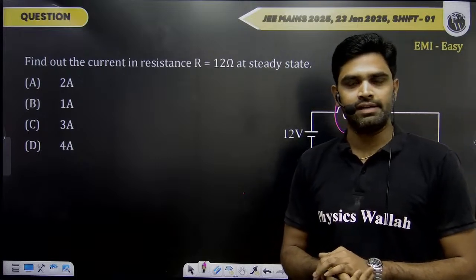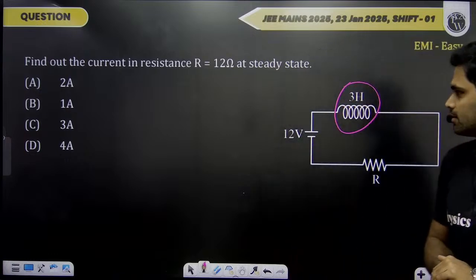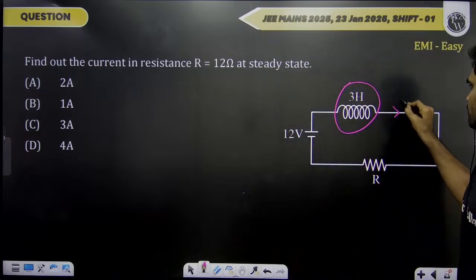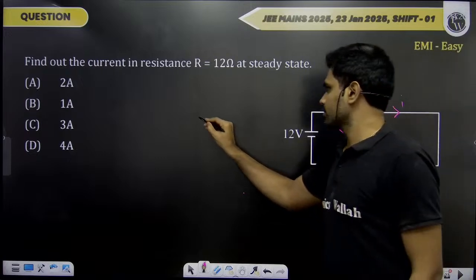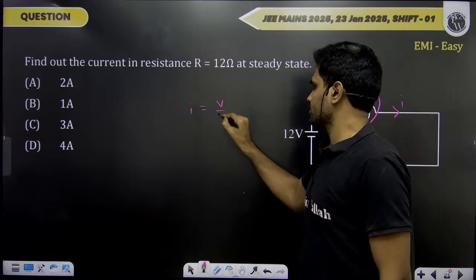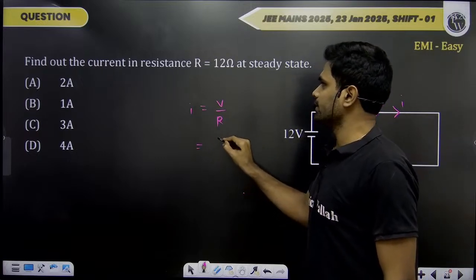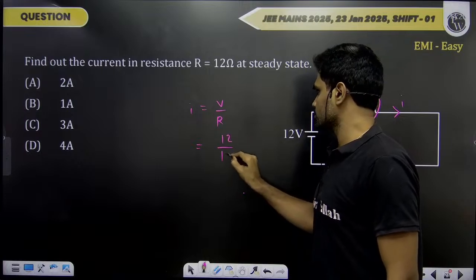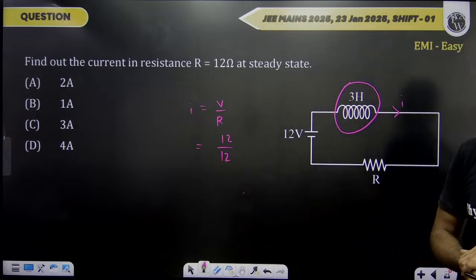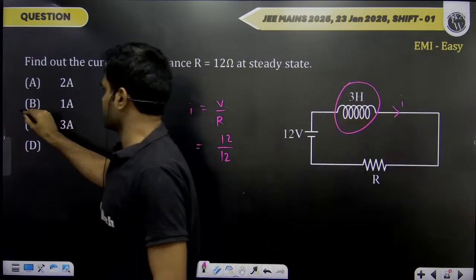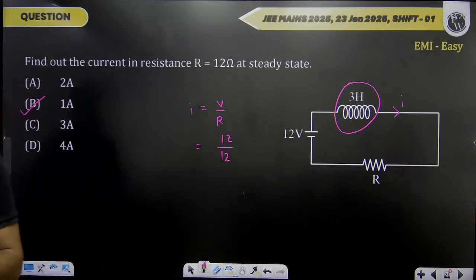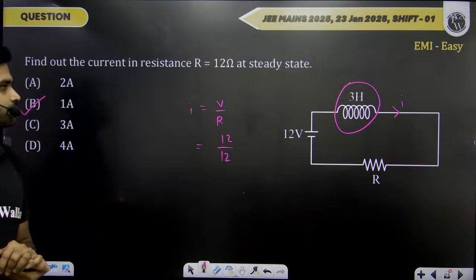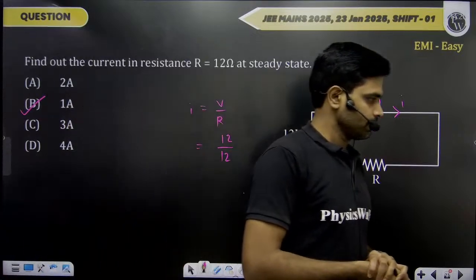It will behave as a resistanceless wire. The full current will flow and I will be V by R. V is 12 and R is also 12. So very easy question. Again, 1 ampere.